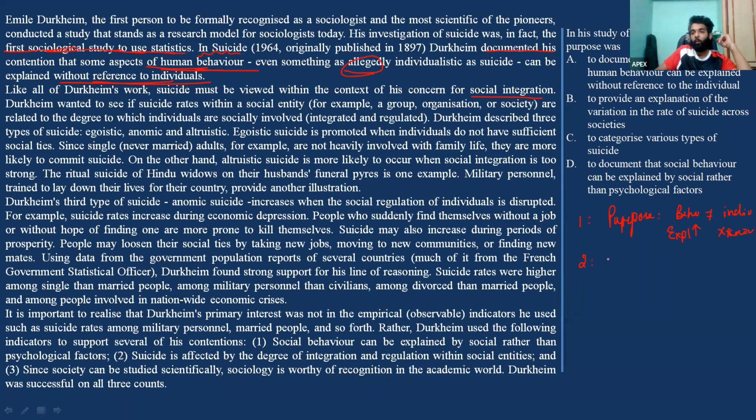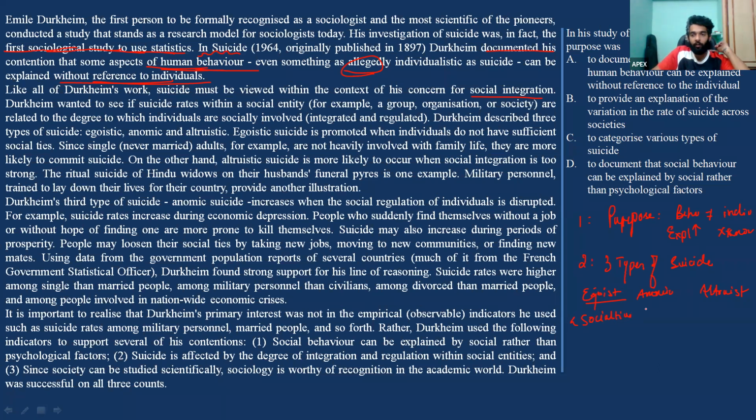Second thing, we know that there are 3 types of suicide, correct? So what are they? Egoist, anomic, and altruist, correct? Now, when we have these 3 types of suicide, what does each of these talk about? This has less social ties, correct?